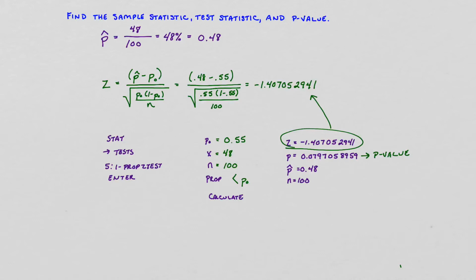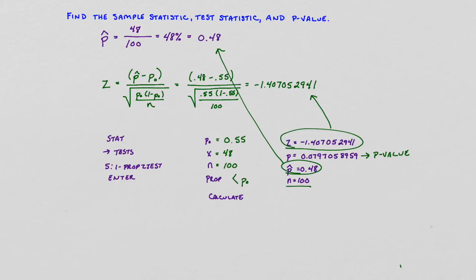So this is why we see p sub 0. p sub 0 is usually referring to your population proportion. If you just see a p on your calculator, this is referring to the p-value. So this is the probability of getting 48% from your sample, assuming that the population proportion is actually 55%. Then we see that we do get our sample statistic in here as well, which again, we had found up here. And then they just call out your sample size again.